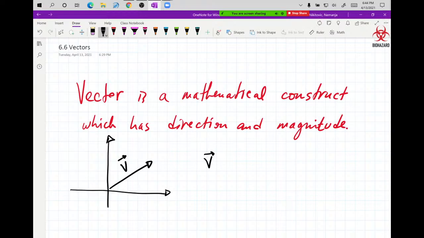Now this vector v will have two coordinates, and now instead of parentheses you are using these angle brackets.